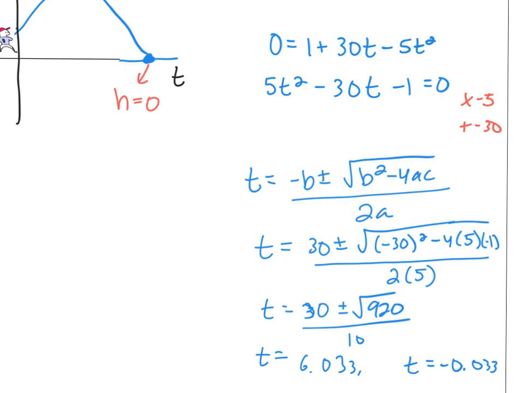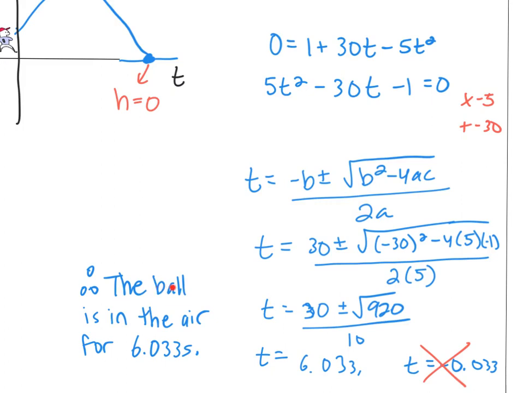And I get two solutions. One is time equals 6.033. The other one is time equals -0.033. I can't have negative time in the context of this problem, so I get rid of that solution. Therefore, the ball is in the air for 6.033 seconds.